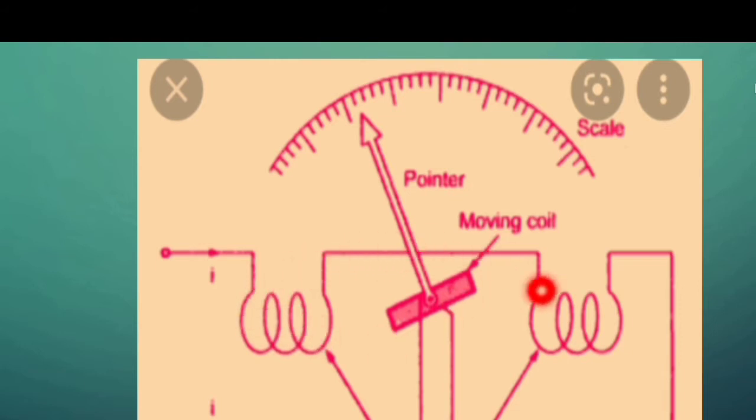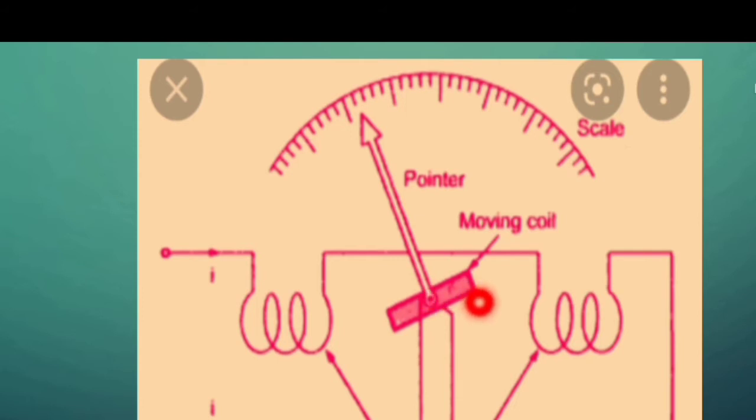In this magnetic field we place a moving coil, which is also connected in series with the fixed coil arrangement. So when we pass current through the fixed coil, it enters the moving coil also. This is a current carrying conductor, and the fixed coil develops an electromagnetic field. When this current carrying conductor is placed in a magnetic field, a force develops. That force makes the moving coil deflect from its initial position.